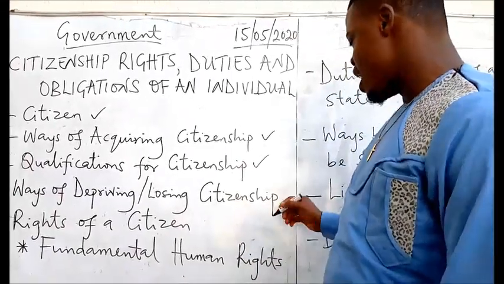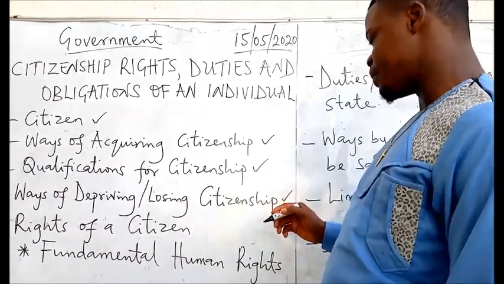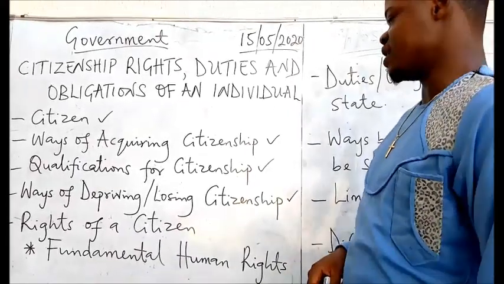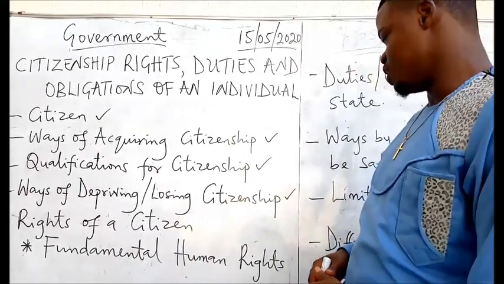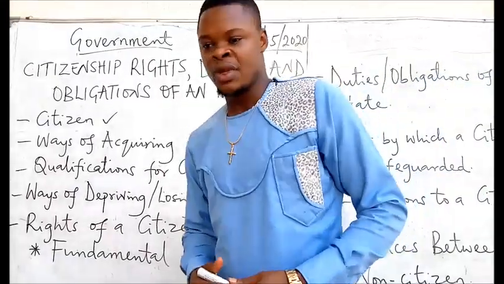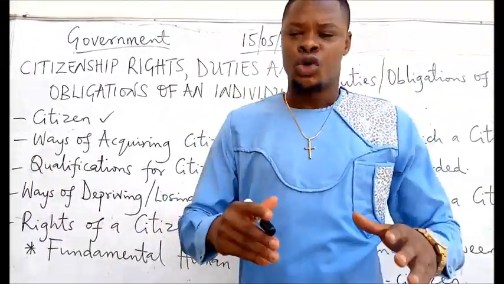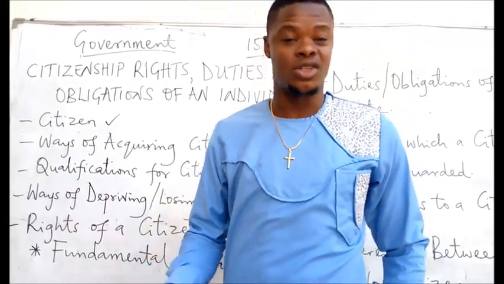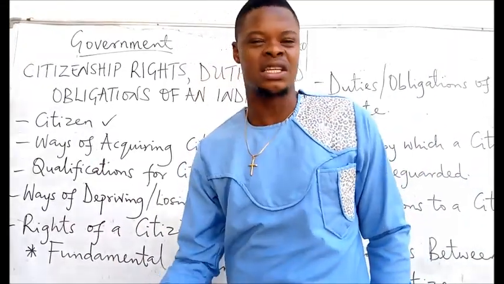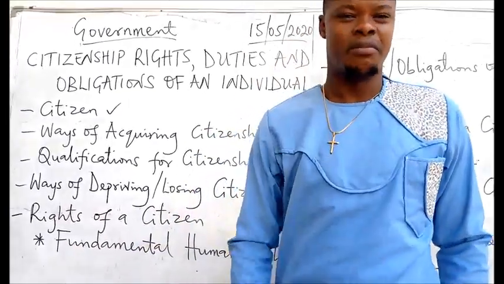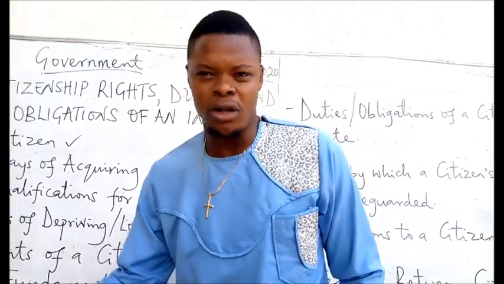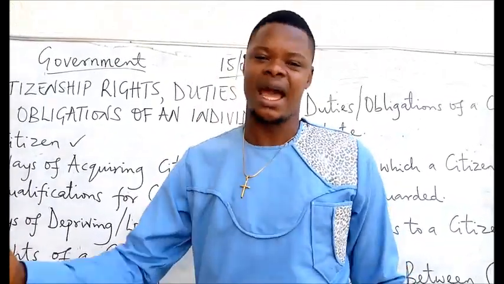Let us look at the ways of depriving or losing citizenship. Number one, through disloyalty. Disloyalty means you don't have respect, maybe for the government, maybe for the constitution of the country, maybe for the values and principles that guide the country.